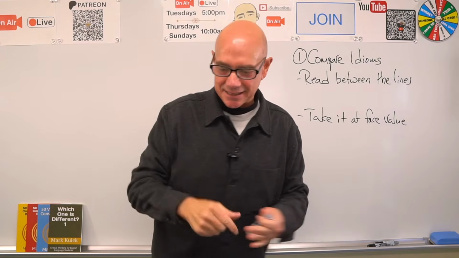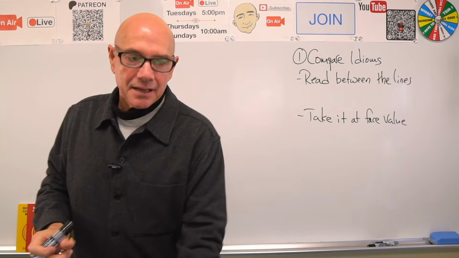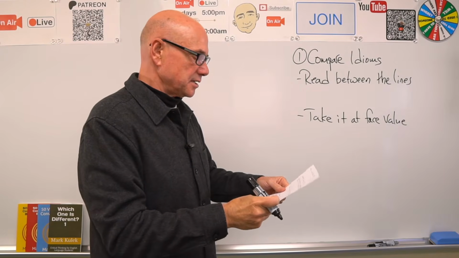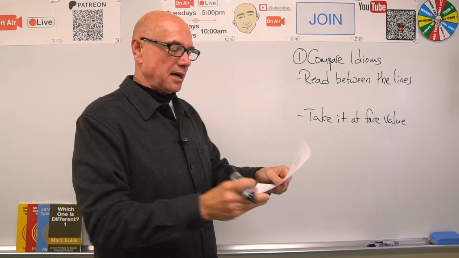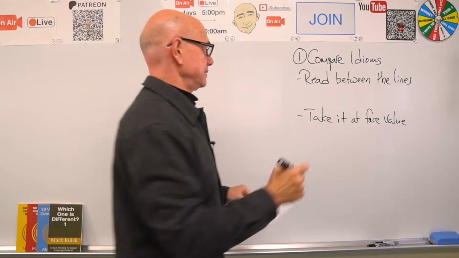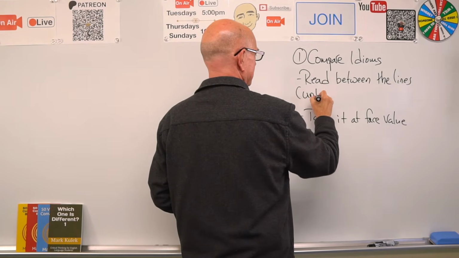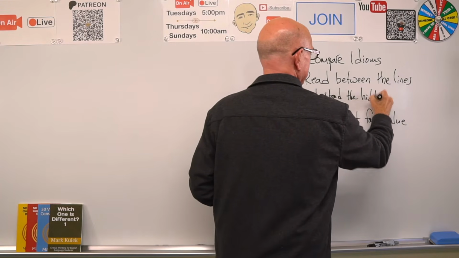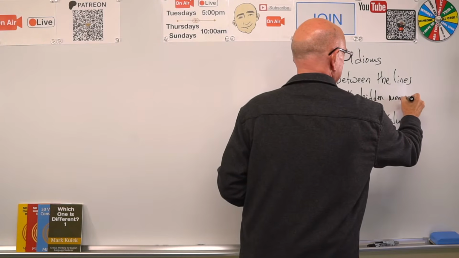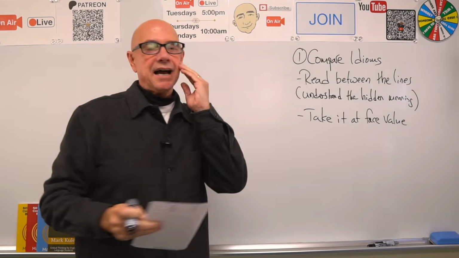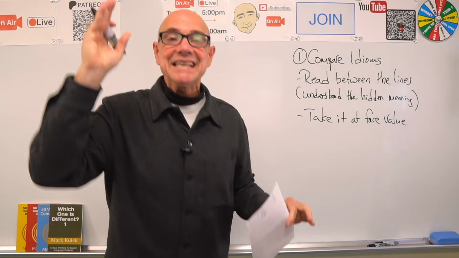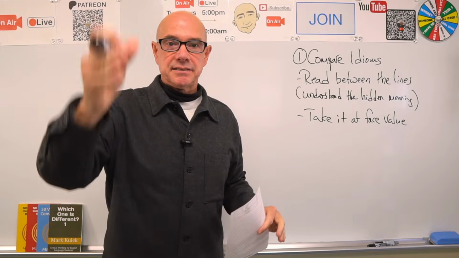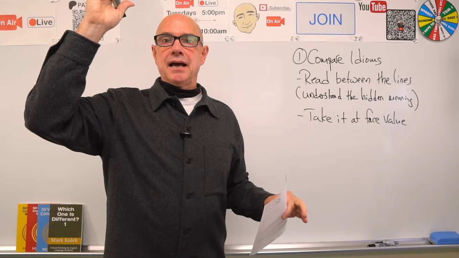Okay, good. So you guys got it. Helga wrote a long explanation. I'm going to put just a shorter, simpler explanation. So read between the lines: understand the hidden meaning. So it's not explicit, it's implicit. Now, explicit means it's fact, right? It's said, it's stated, and we can all see.